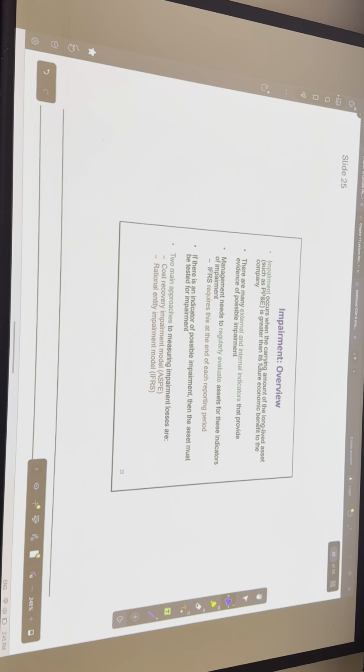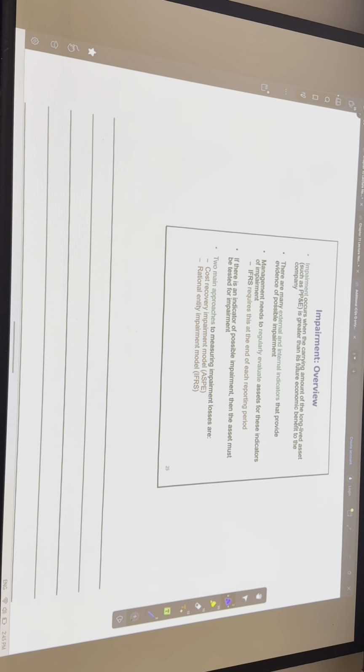And it says it occurs when the carrying value of the long-lived asset is greater than the economic benefit. Economic benefit means the value, whether it's cash value or value in use. Okay? There are these indicators, and that often triggers the impairment. Okay?